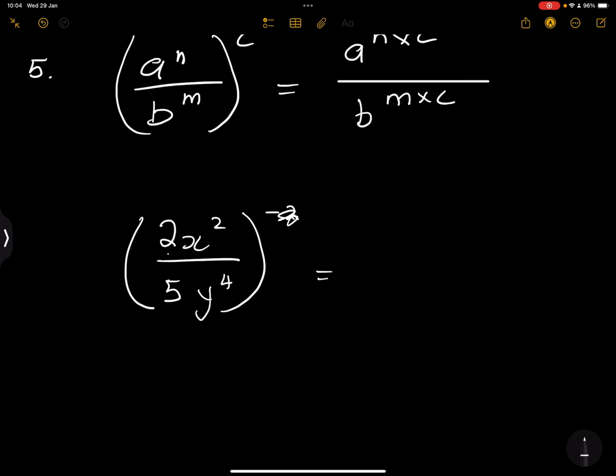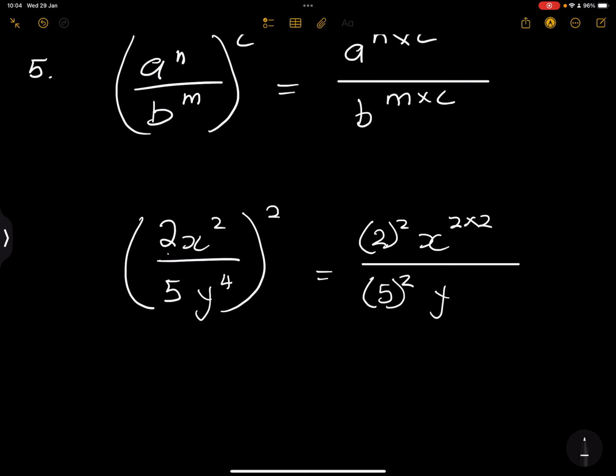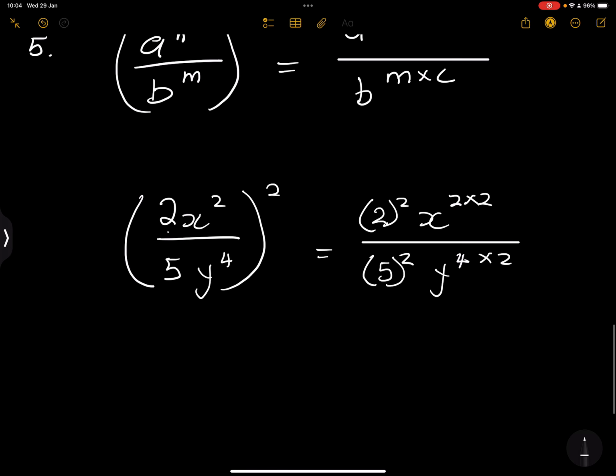In fact, for now, let's keep it positive so that I can show you that on its own. Let's just simply say squared there, and what happens? So this will be 2 squared, please don't forget. So that will be 2 squared x to the power of 2 times 2, divided by, again, 5 squared. Don't forget those coefficients, and y raised to the exponent 4, but we multiply that by 2 as well.